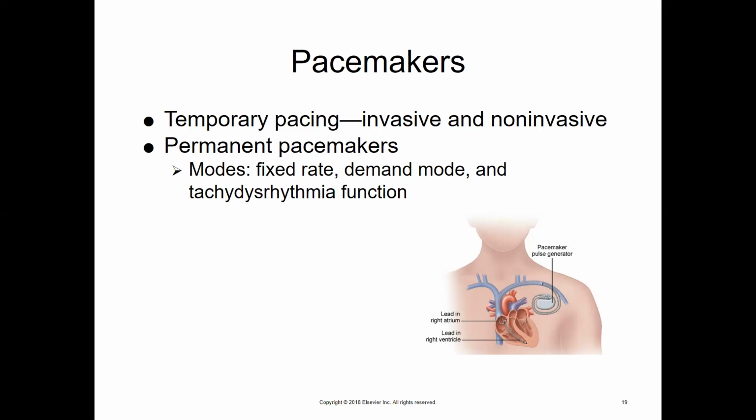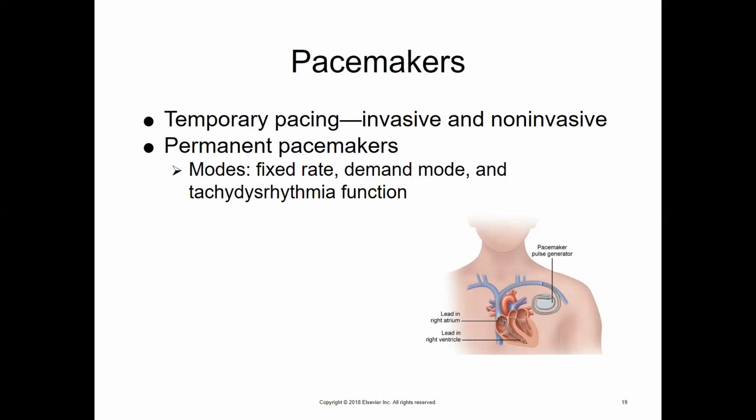These pacemakers can be programmed to have a fixed rate. It fires at a constant rate regardless of what the patient's normal heart electrical activity is. It can also be placed on a demand mode, in which it detects the heart's electrical impulses first, and fires at a preset rate only if the heart rate falls below a certain level.